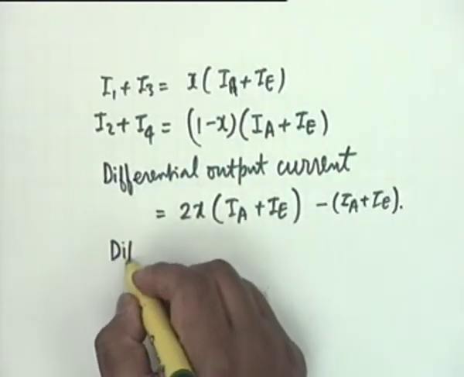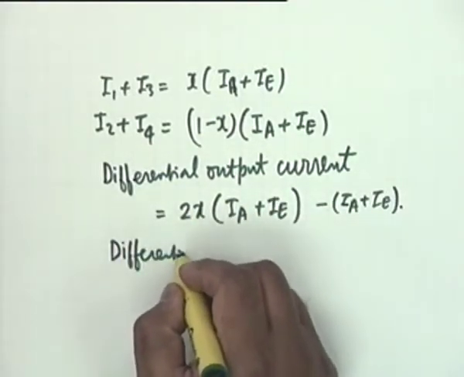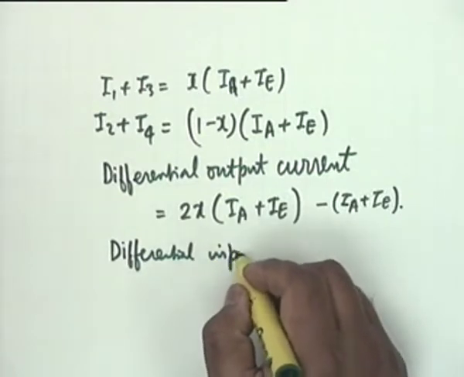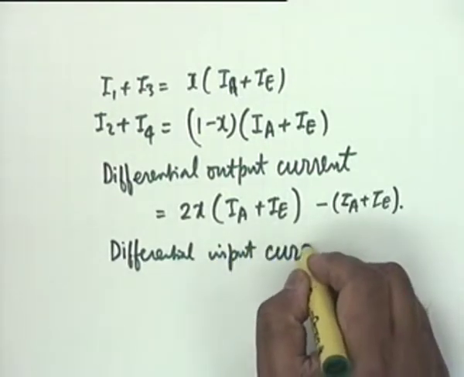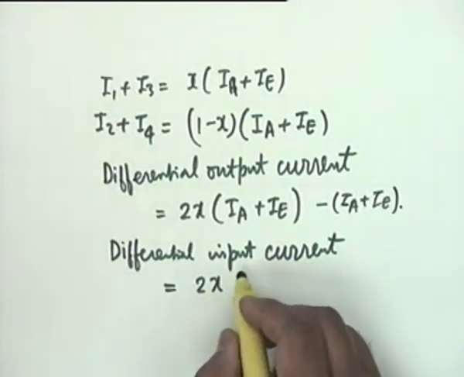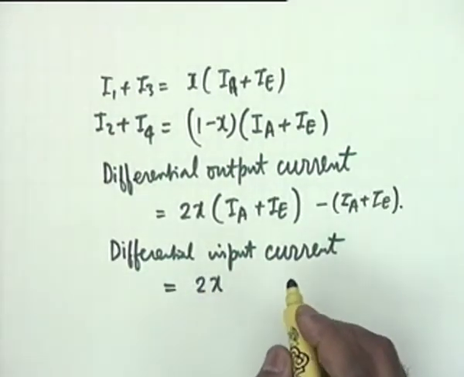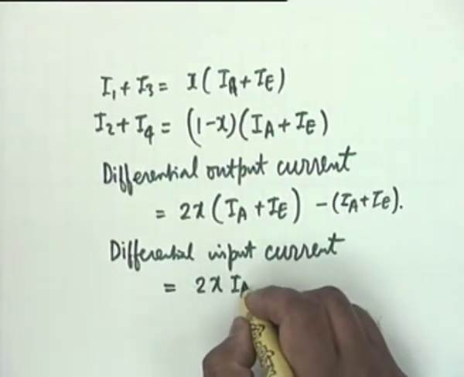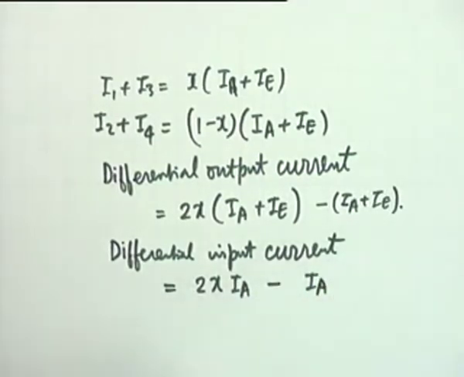And the differential input current is equal to twice X, what was it, IA minus IA.